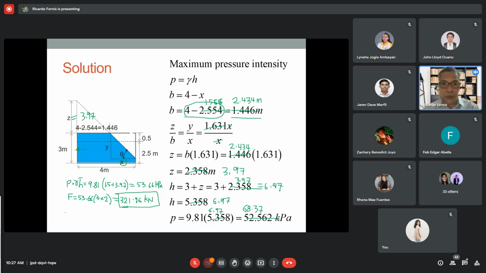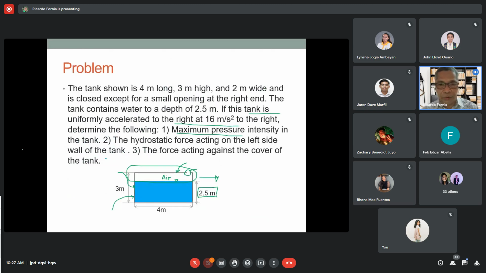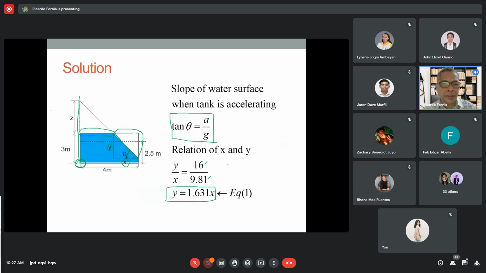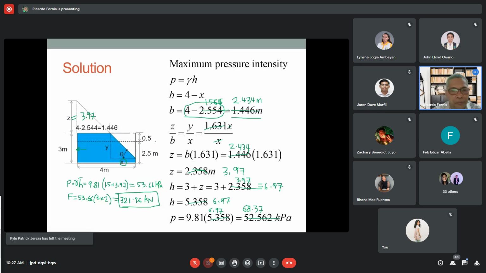The next question is, so use the corrected value now. What is the force acting against the cover of the tank? Okay, please do the calculation. What is the force acting against the cover?